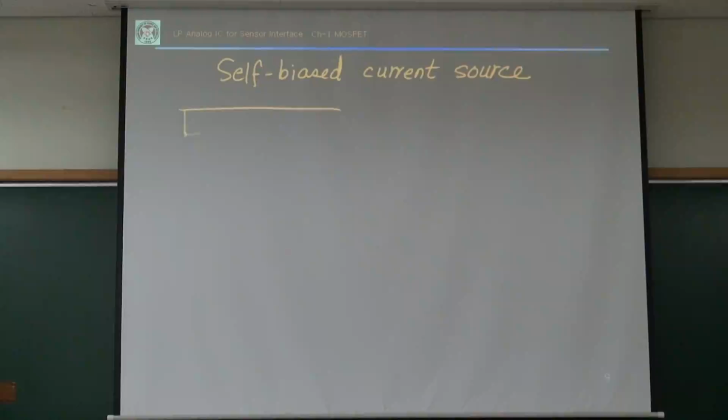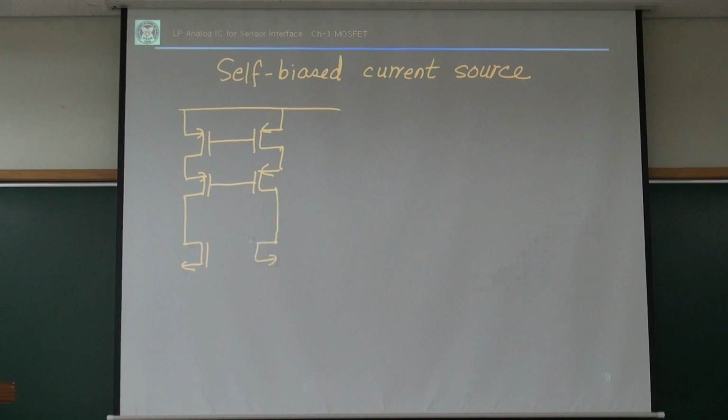So our self-biased current source: I have a PMOS current mirror here. It is cascoded to increase the output resistance. And also, I have an NMOS cascode current source there.